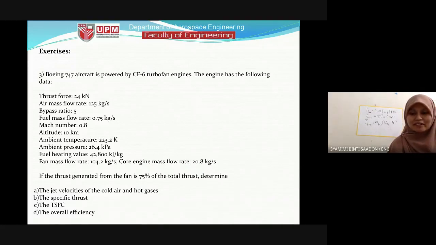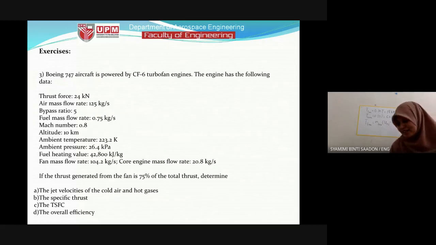What did the others get? 406, okay, 406 is acceptable. TF is 18 kilonewton, m fan is 104 just now, and then U here is 240 or 233. So we have UE around 400, 406, 413, something like that.